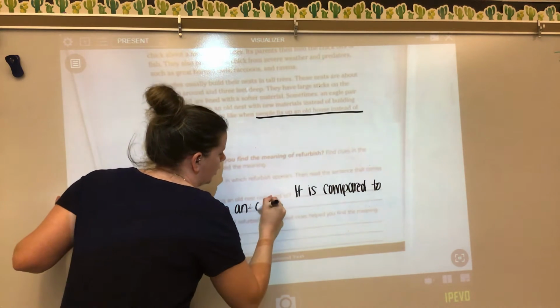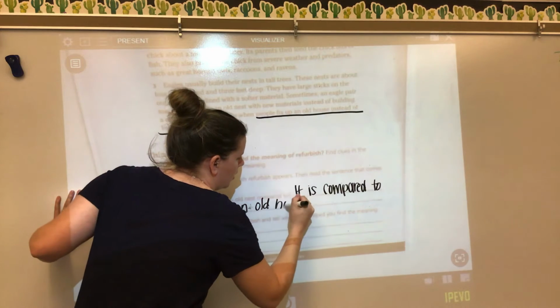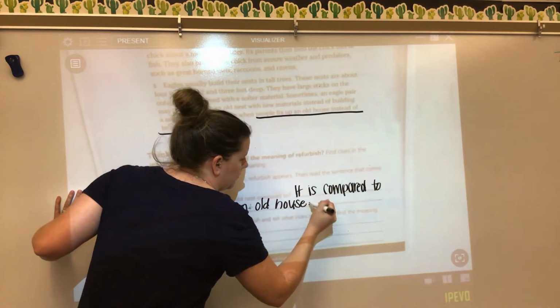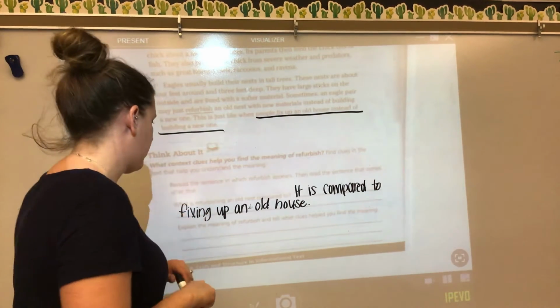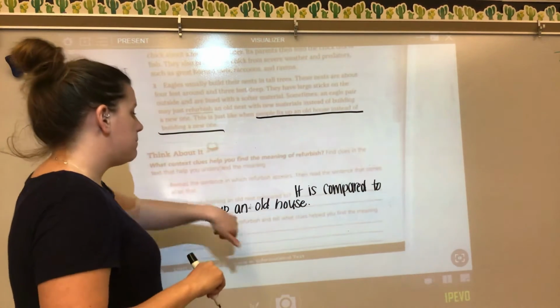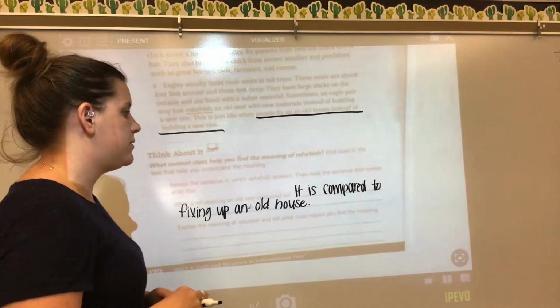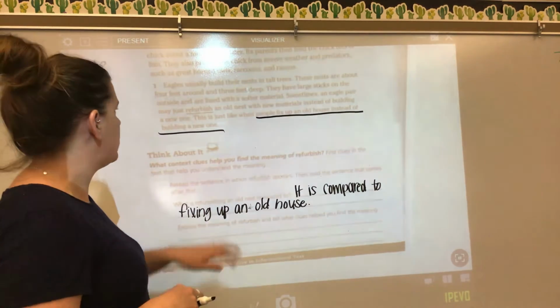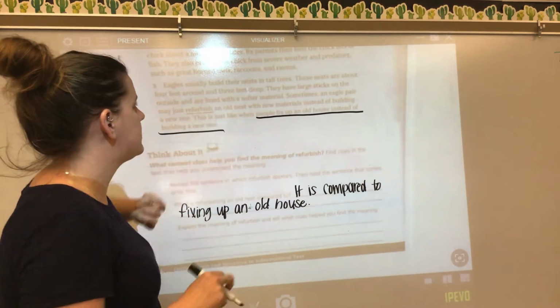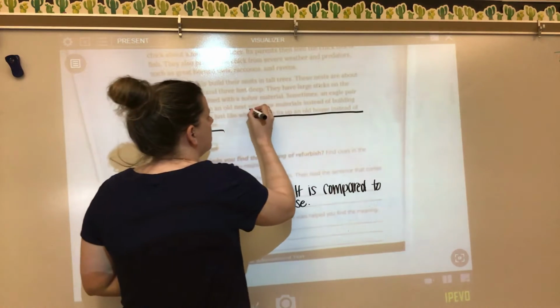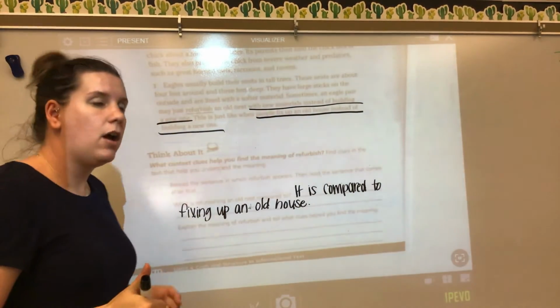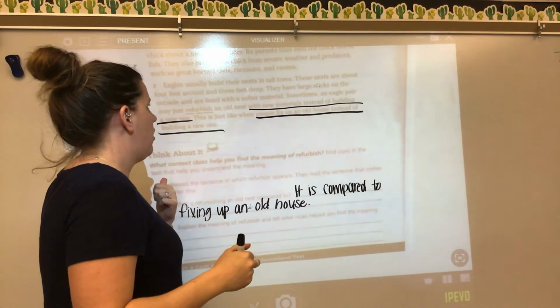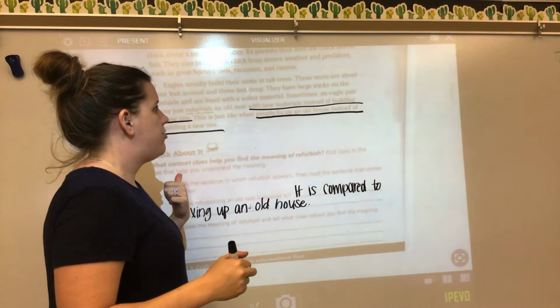I think that was a really good comparison too, because it gives you a little bit of a picture in your head about what they're doing. Explain the meaning of refurbish and tell what clues helped you find the meaning. So, refurbish an old nest with new materials instead of building a new one. I think that was the key word.